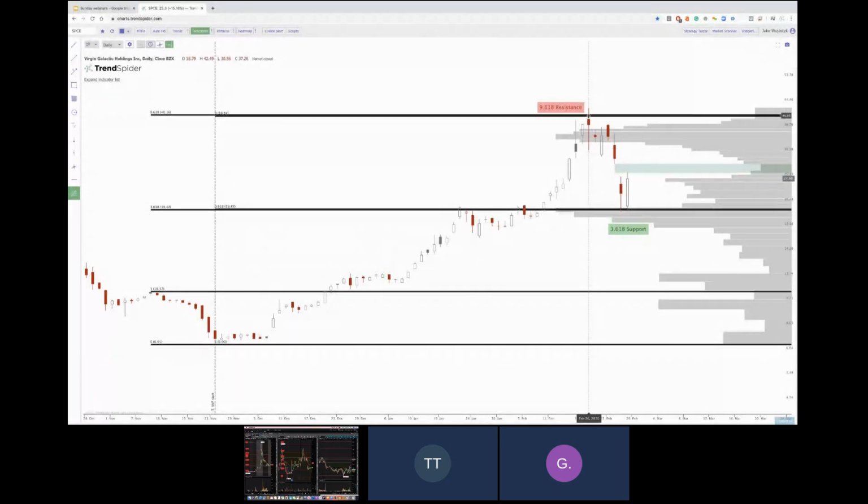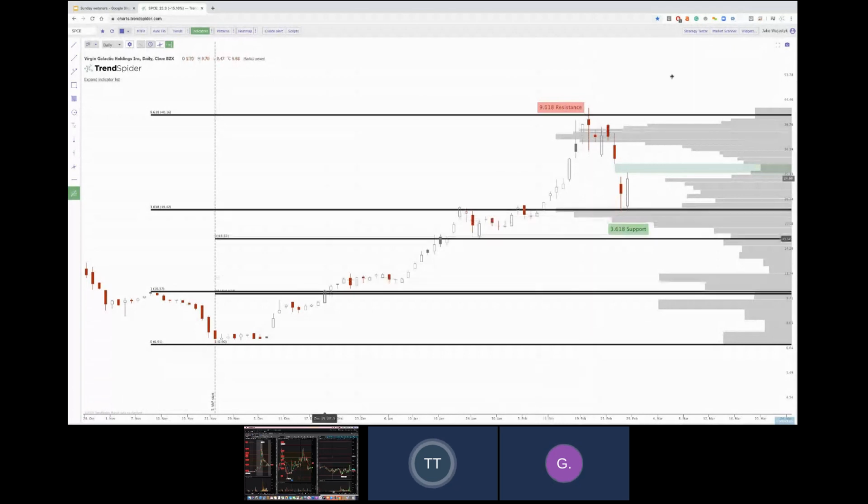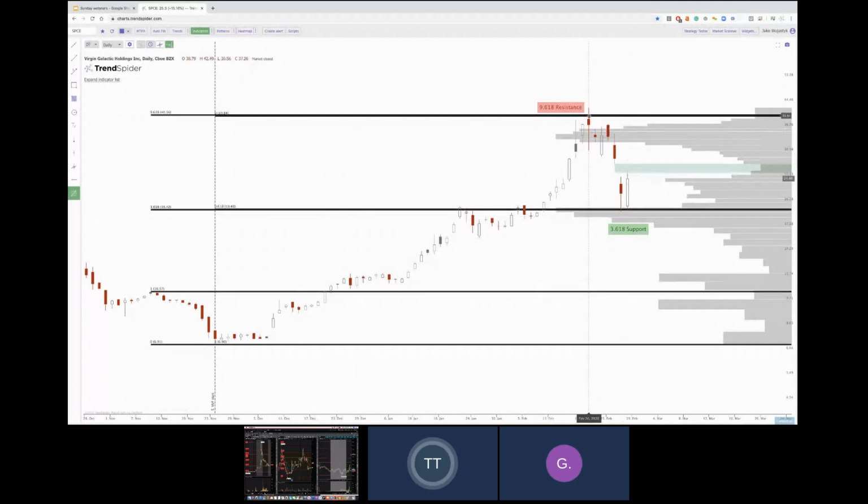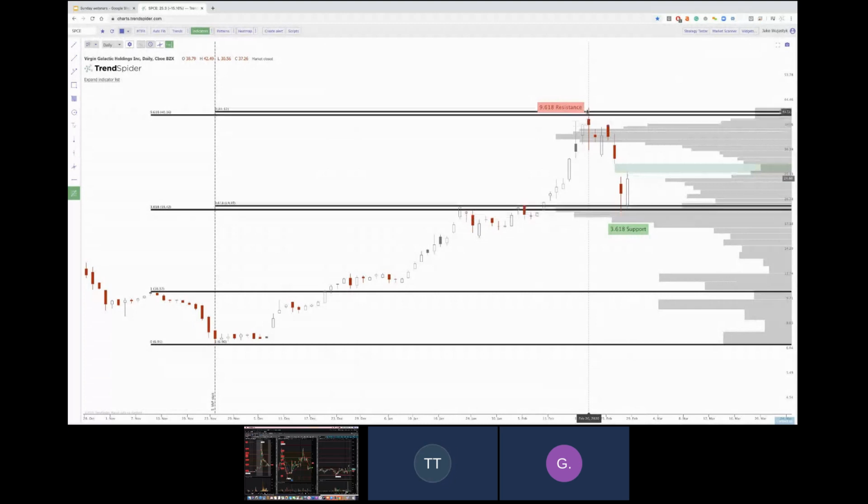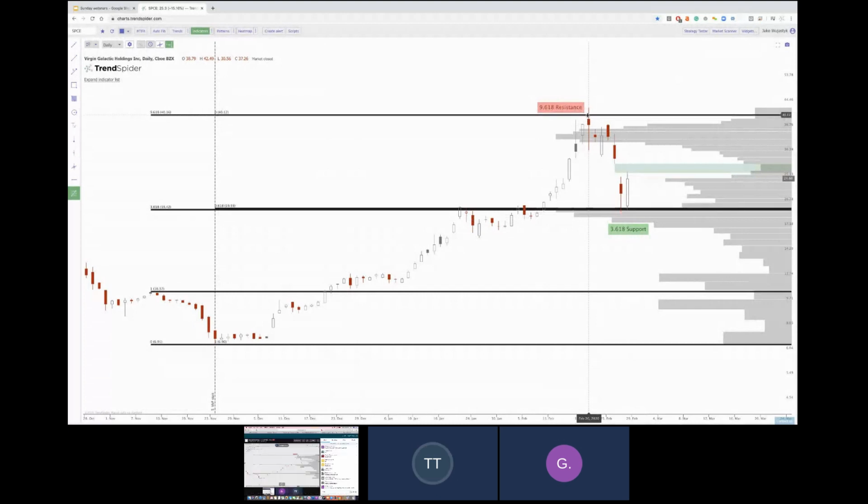Exactly. Look at that. The 3.618 extension on this measured move is exactly the 618 extension retracement on this measured move from November to February. So it's pretty cool that you can see how these levels start to match up over time.